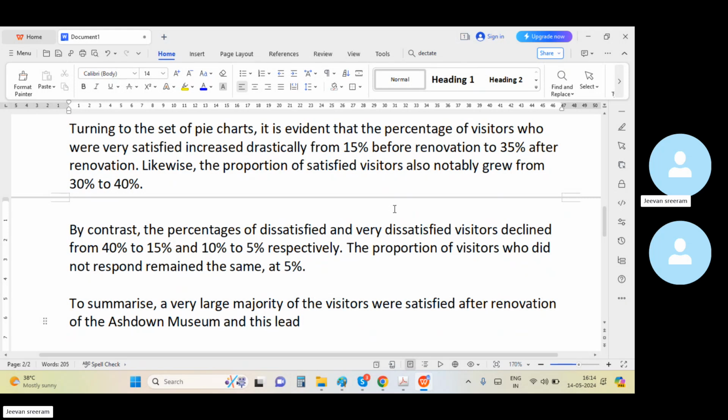And this led to, had led to, which has led to more visitor turnout at the museum.